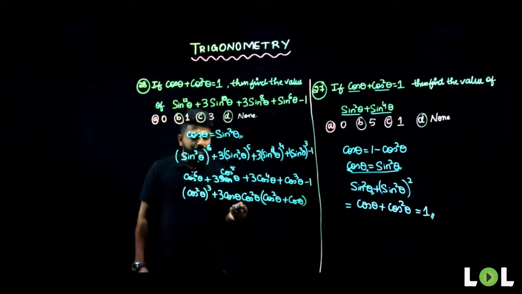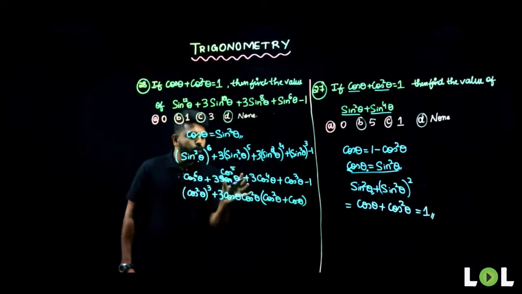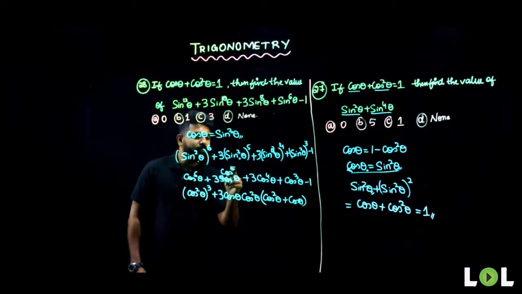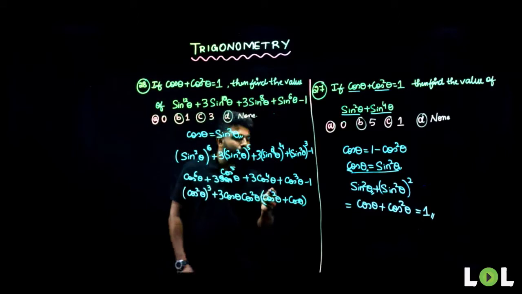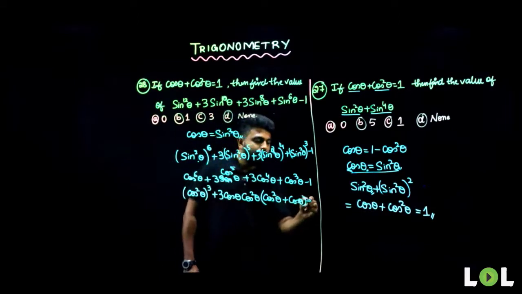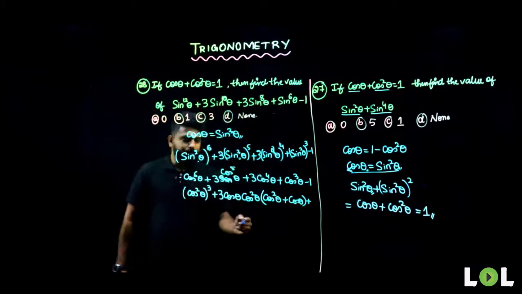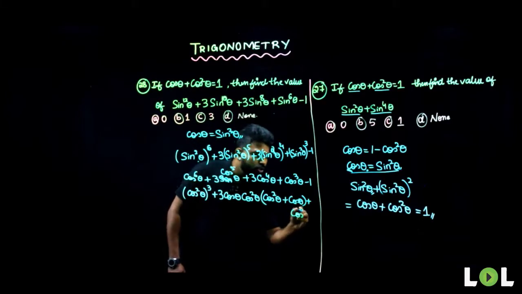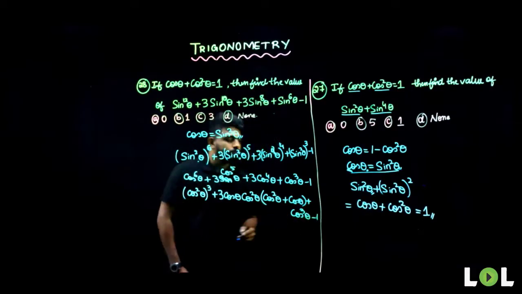What am I doing here? I'm taking out 3 cos cube theta outside. So if I take 3 cos cube theta outside, what will I be left with? I'll be left with cos square theta, because 5 minus 3 is 2, plus cos theta plus cos cube theta as it is. Cos cube theta minus 1.